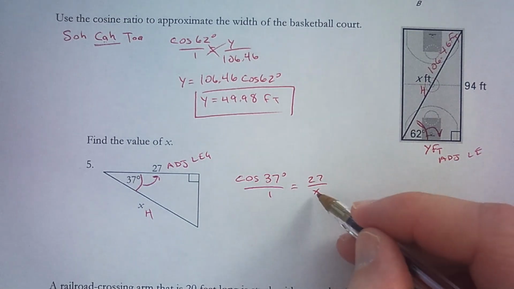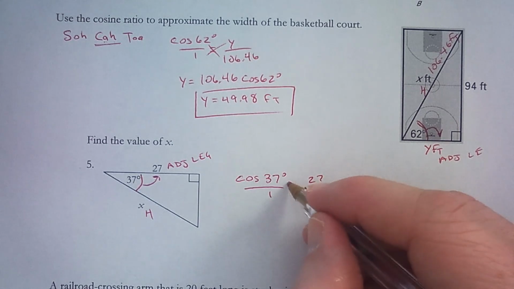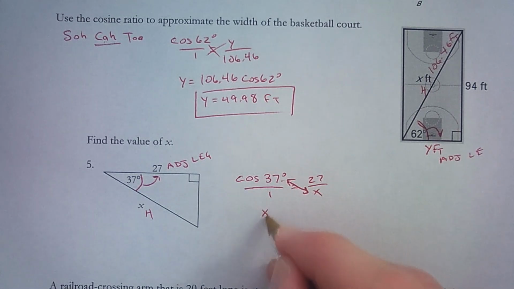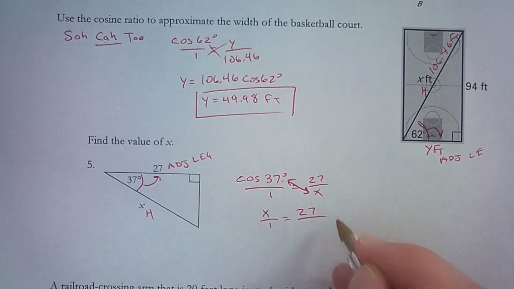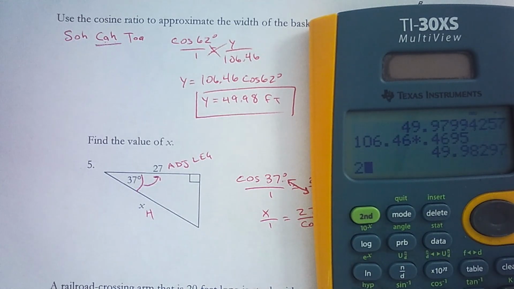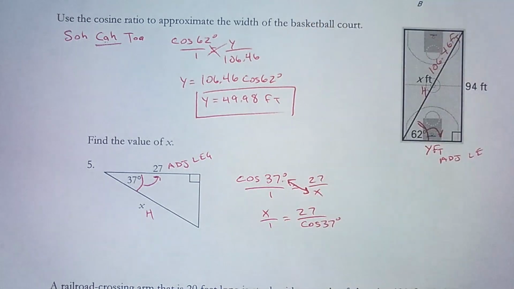Now here's a case when I've got a variable in the denominator, so I want to use that property of proportions that says I can switch things diagonally and get x is to 1 as 27 is to cosine 37. So we have 27 divided by cosine 37, and we get 33.81.